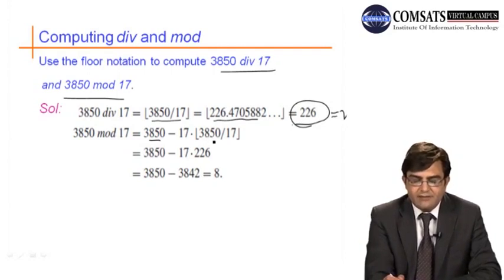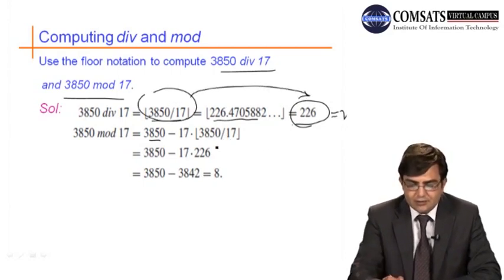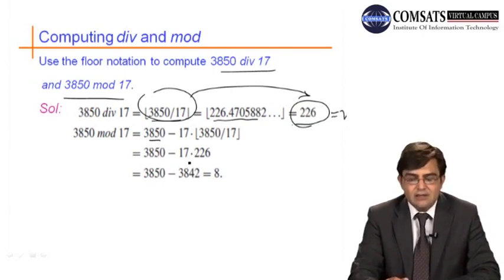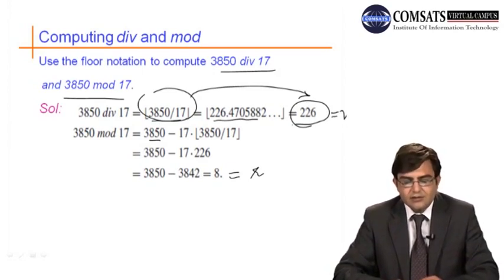We have already calculated 3850 divided by 17, so we write here 226, we multiply it by 17 and subtract the result from 3850, we get 8. So this is our r, the remainder. So this is how we can calculate the div and mod functions using the floor function.